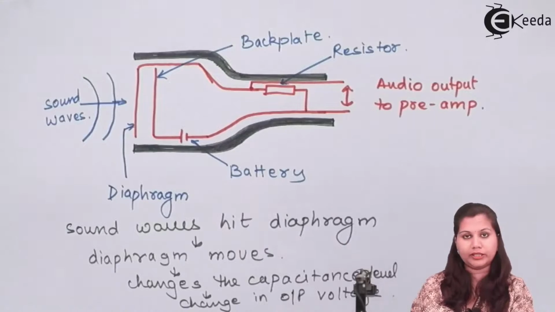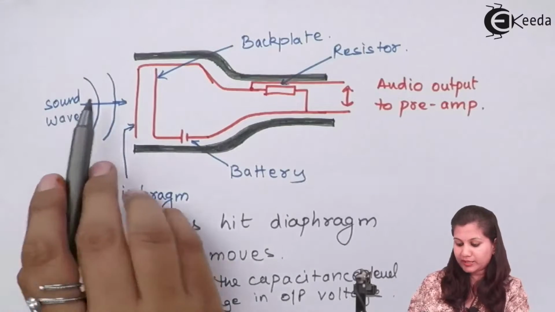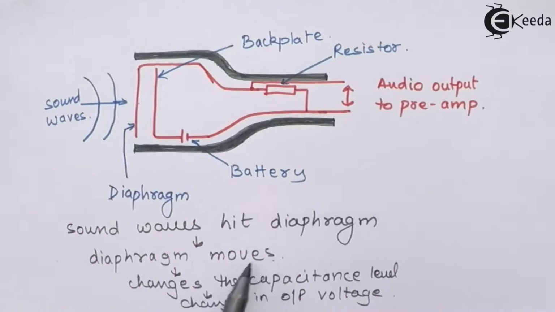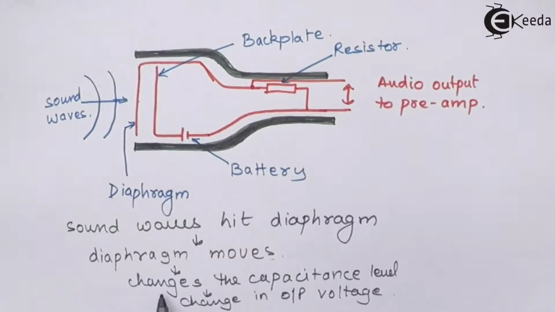That is the working: when the sound waves hit, the diaphragm moves in the backward and forward direction, and due to that there is a change in the capacitance, and the change in capacitance causes a change in the output voltage.